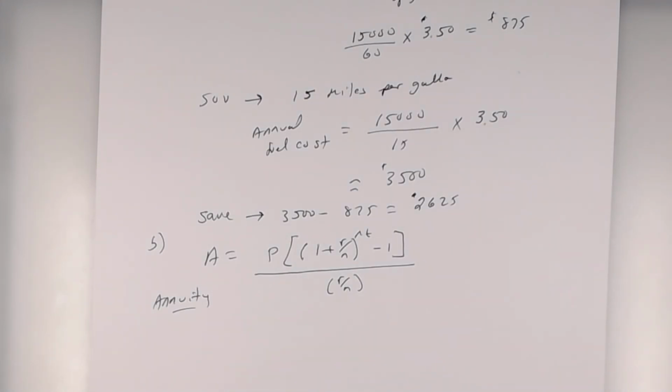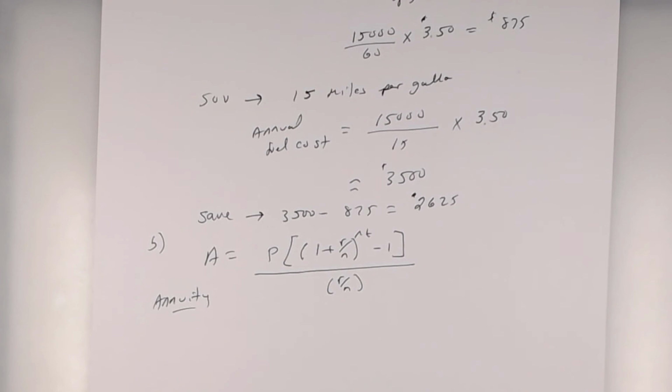So A equals P times (1 plus R divided by N) raised to the NT, minus 1, divided by R divided by N. The letters are the same as the previous one. It just depends on how it's written and what we're looking for. Okay?